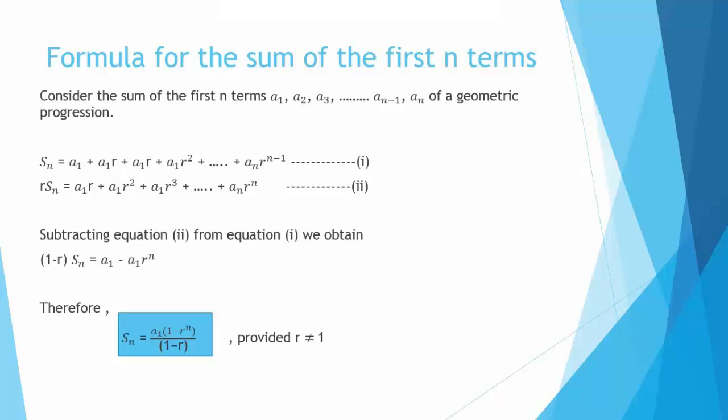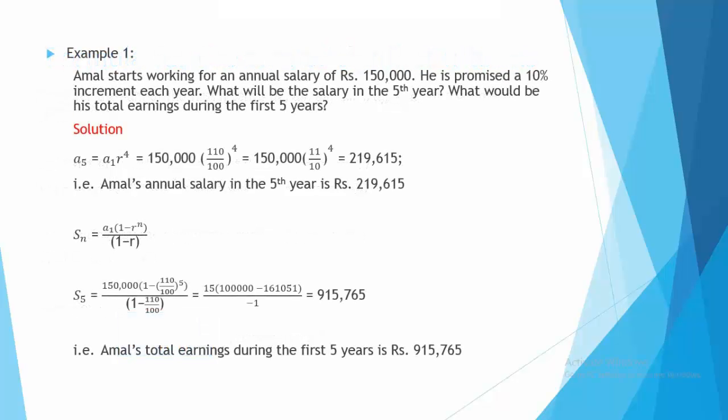That is considered as the second equation. Now subtracting equation 2 from equation 1 gives 1 take away r times Sn equals a1 take away a1 times r to the power n. Therefore by making Sn the subject of the formula, we get Sn equals a1 times 1 take away r to the power n over 1 take away r, where r is not equal to 1.